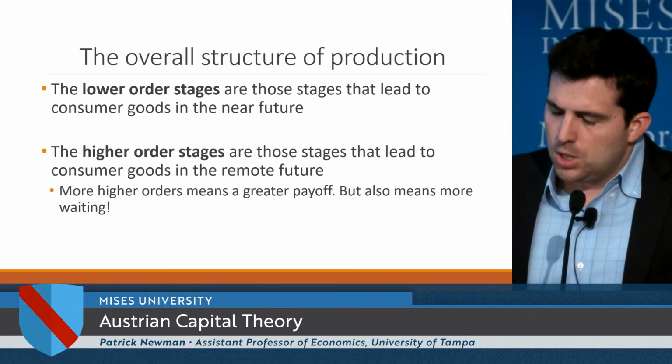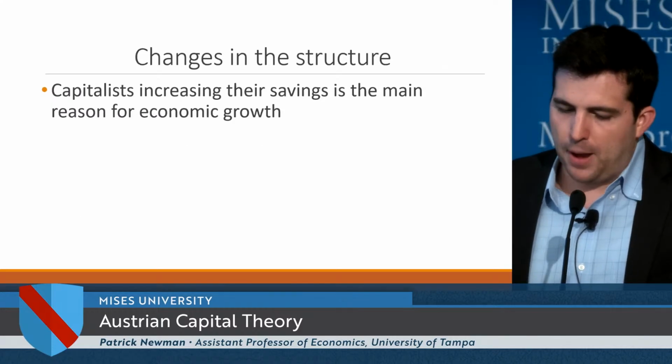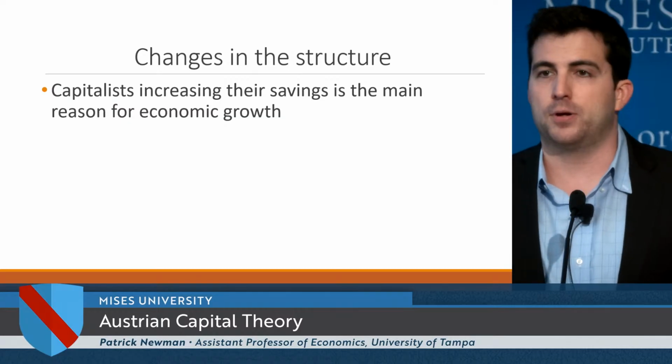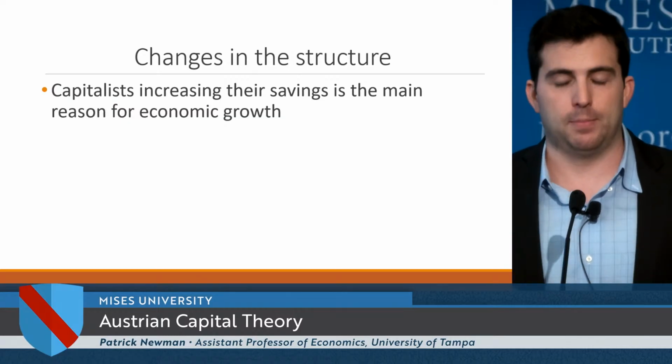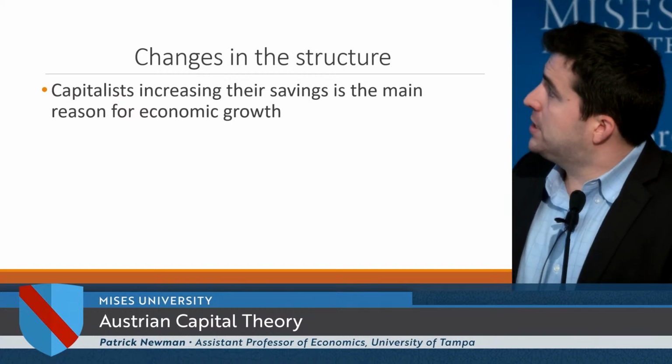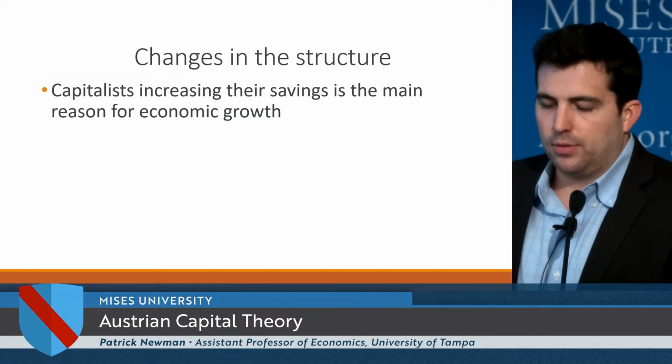Okay. So as we kind of wrap up, I want to talk a little bit about changes in the structure of production, right? In that diagram that we had just looked at. So capitalists increasing their savings is the main reason for economic growth, right?